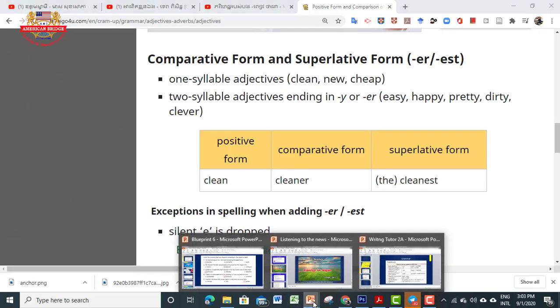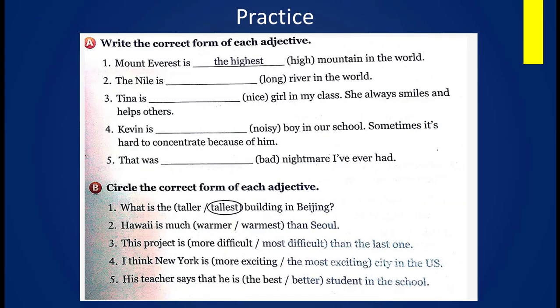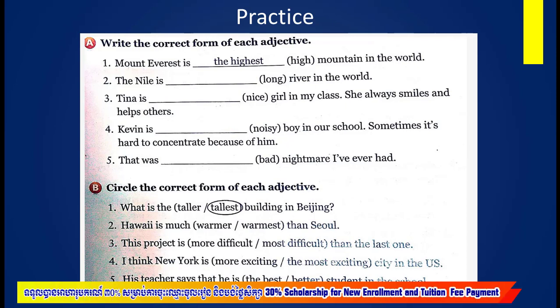Let's go back to our slide again, everyone, and we are going to do some practice. Can you see here: write the correct form of each adjective. Number 1, Mount Everest is the highest mountain in the world.